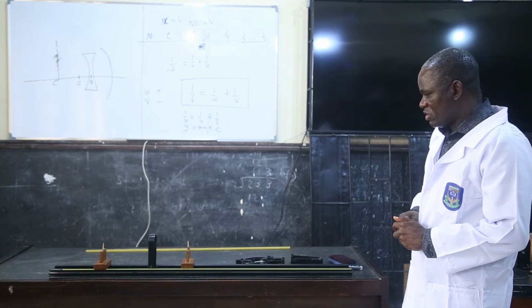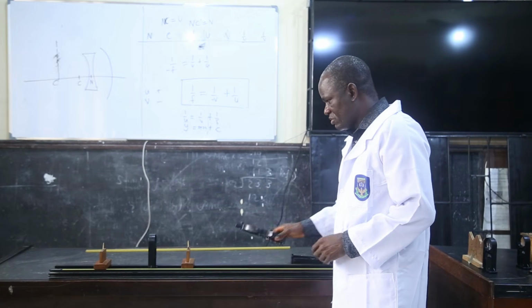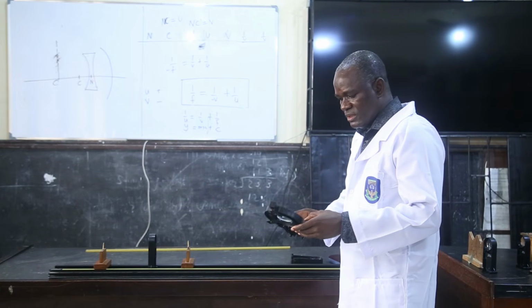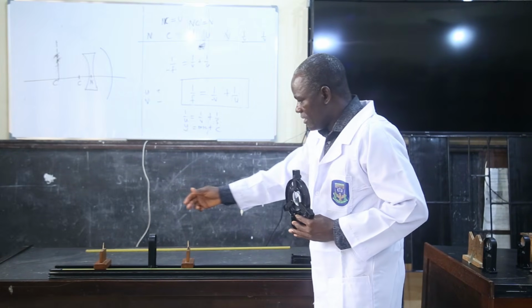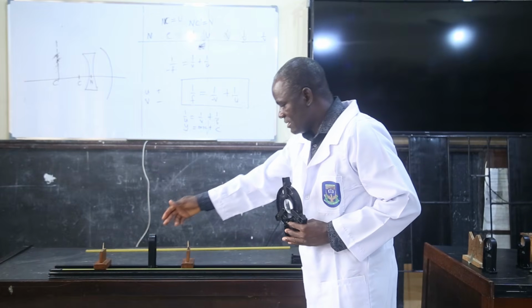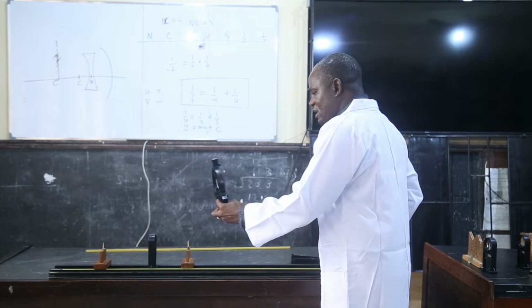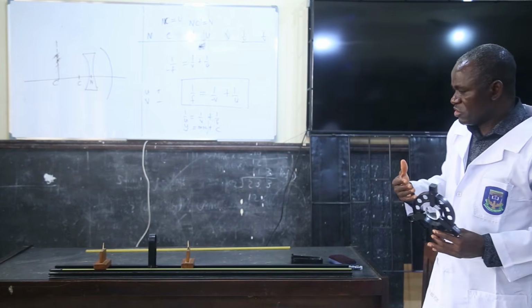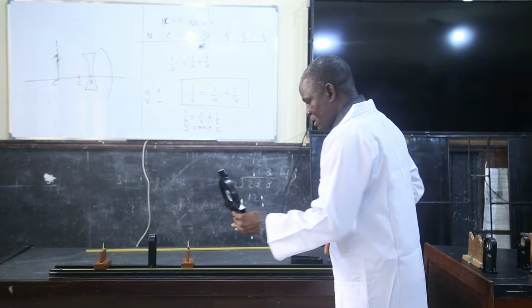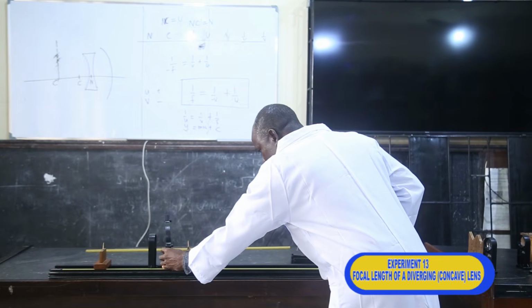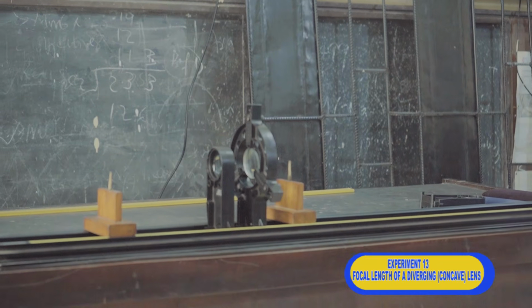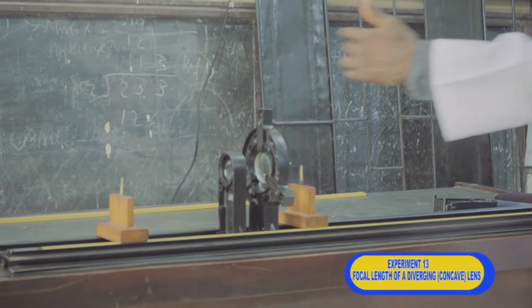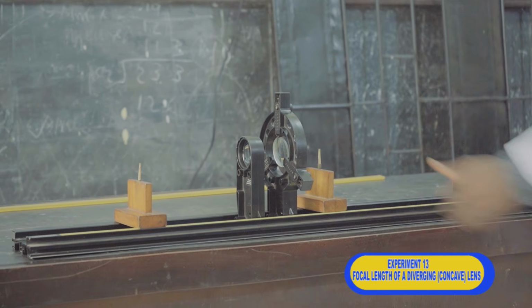Now what I need to do is introduce a concave lens in between the lens and position C, and then look for the new position of the new image that is going to be formed. So I've introduced a diverging lens, a concave lens, in between the convex lens and C.